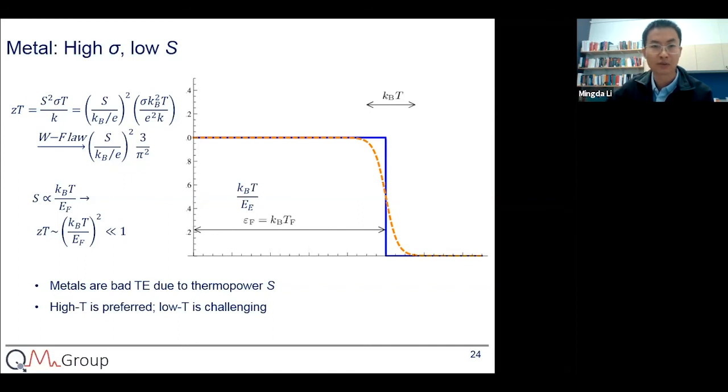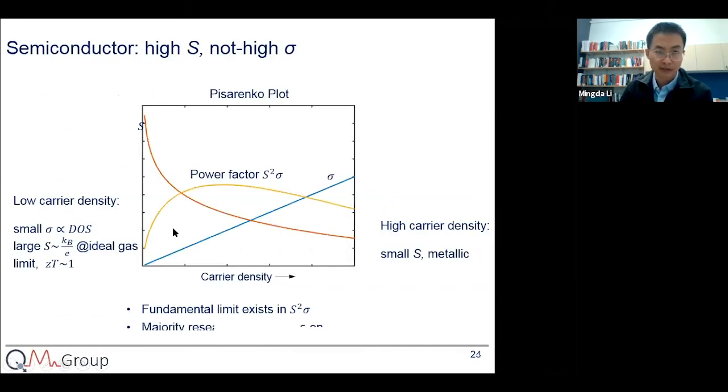That means it has to have high entropy. But imagine this is the Fermi surface of the metal, and the metal only has a small range of really active carriers near the Fermi level EF. So the thermopower is very, very small. Metals have very low ZT, almost never a good thermoelectric. That's why the majority of thermoelectrics are semiconductors.